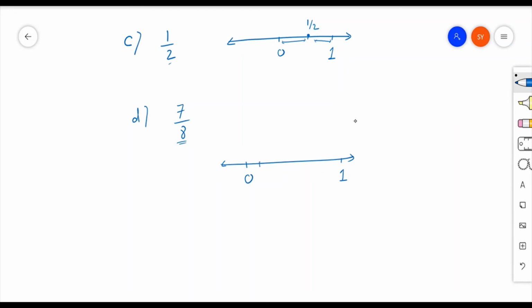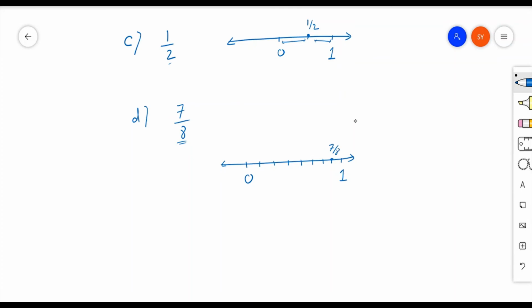Let's check: 1, 2, 3, 4, 5, 6, 7, 8. So we have divided this into 8 parts. Now it says the seventh number, so we'll count 1, 2, 3, 4, 5, 6, and 7. This will be the point, 7 by 8.